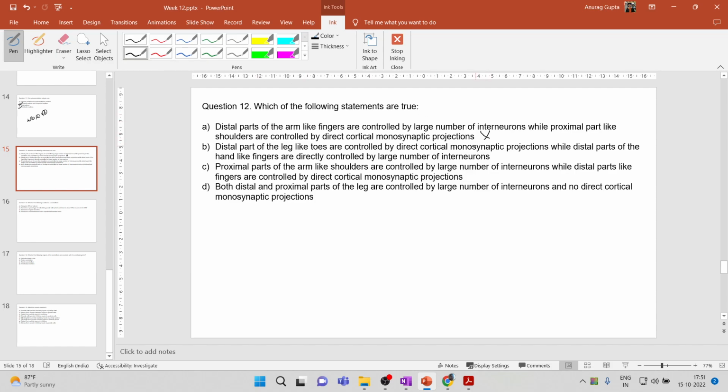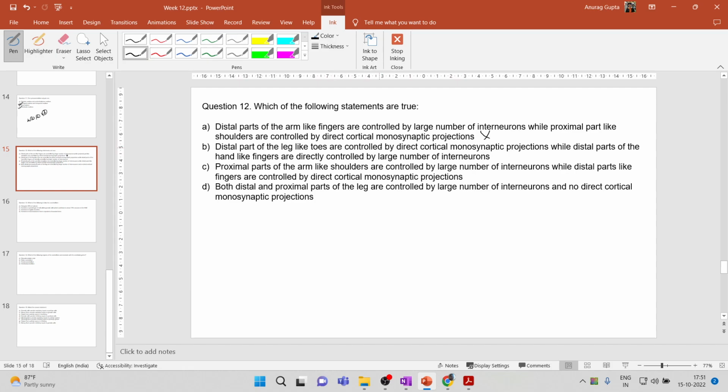This is actually the opposite. The distal parts are controlled by direct monosynaptic projections, in relation to the motor cortex, and the proximal parts are controlled via the interneurons.